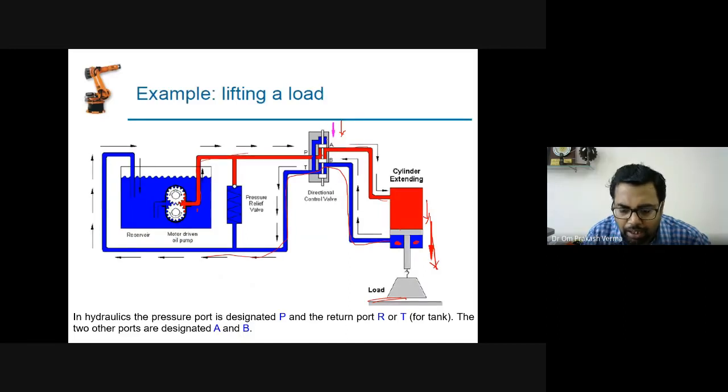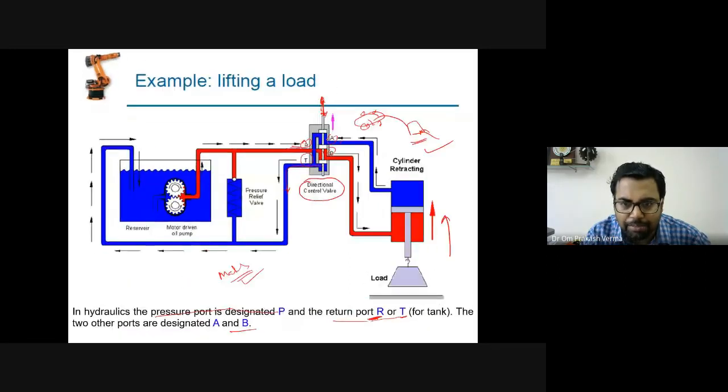In this one, it was going from P to B, so the liquid inside this area is going to increase, and therefore it is shifted upward. And due to the upward movement, whatever the liquid or the oil is here moves in this direction and again returns to the reservoir. And by this mode, the control action is happening inside the hydraulic control valve, right?